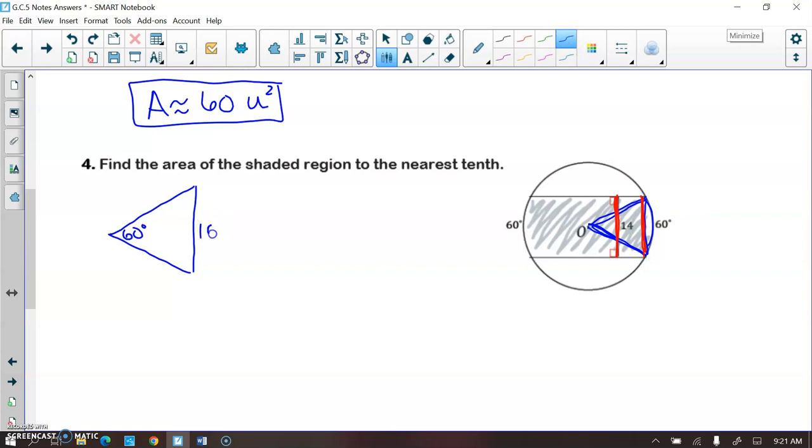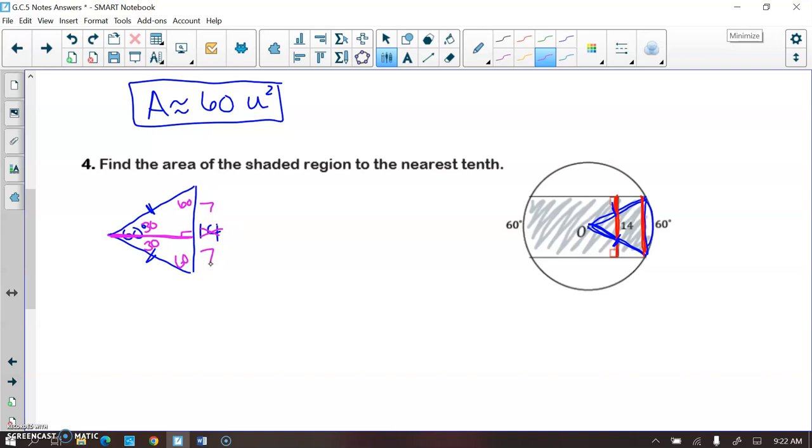So this is 14. And then this is an isosceles triangle, because those two sides are the radius. So what that means is that if I drew in the altitude, this turns into a 30-degree angle, a 30-degree angle, and 60 and 60. And then it splits the space into 7 and 7.